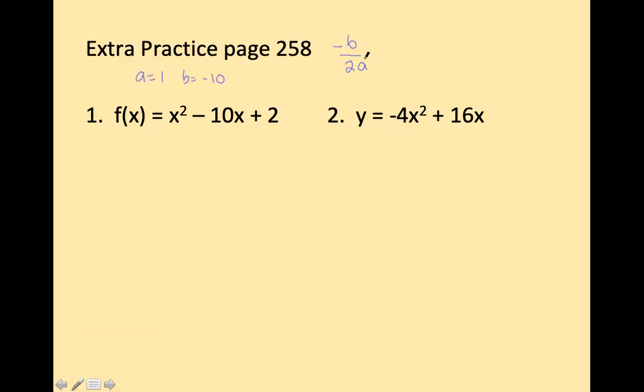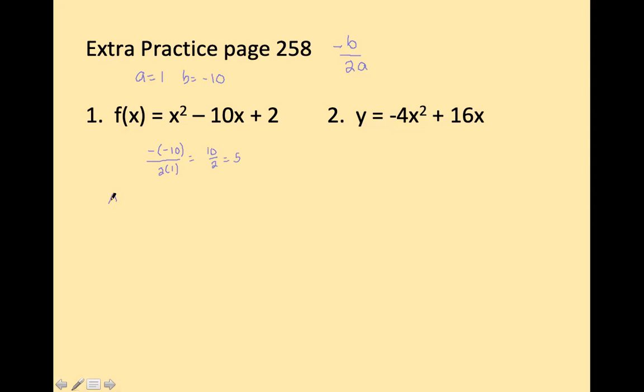So if I'm trying to do -b over 2a, I'm going to have -10 over 2 times 1. We want to simplify that because we are finding both the equation of the axis of symmetry and the vertex. -10 turns into +10. 2 times 1 is 2. 10 divided by 2 is 5.